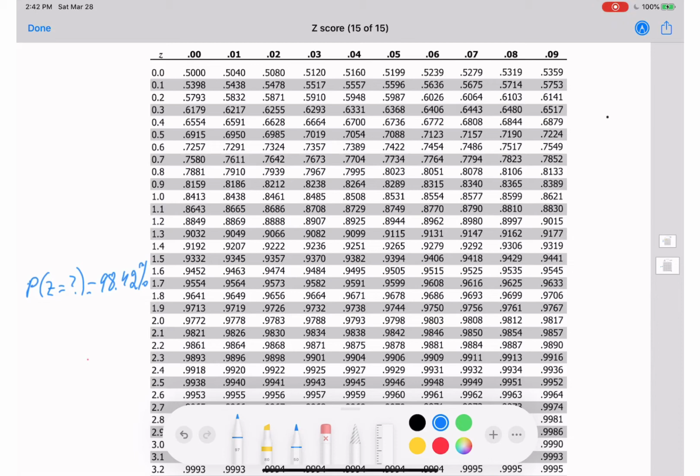So which means that is going to be equal 0.9842, right? To convert percentage to decimal notation, we need to divide by 100.